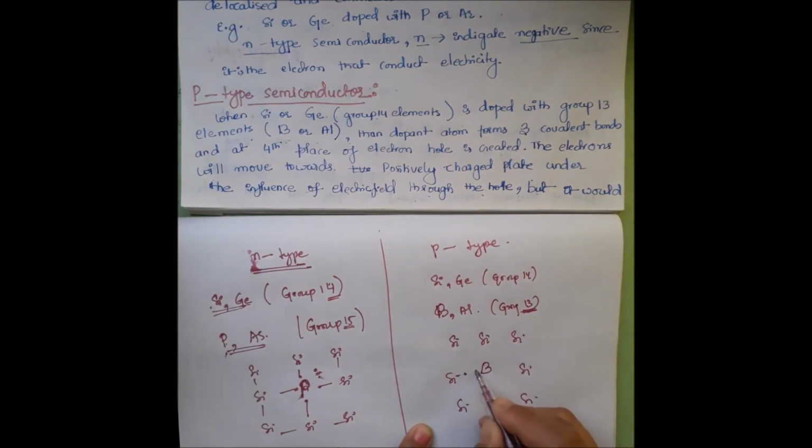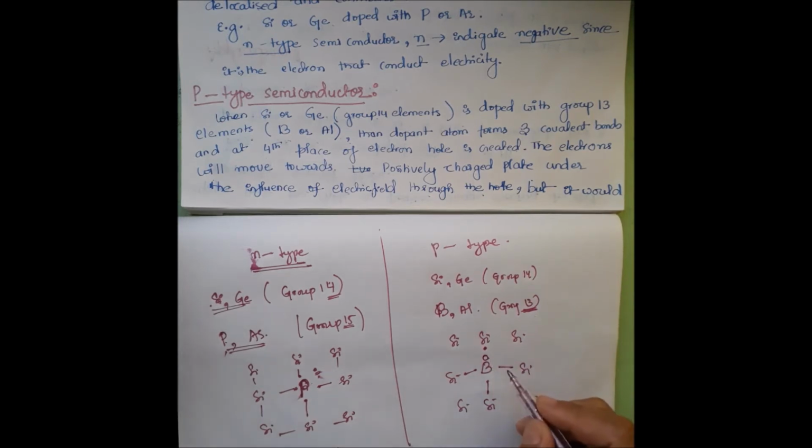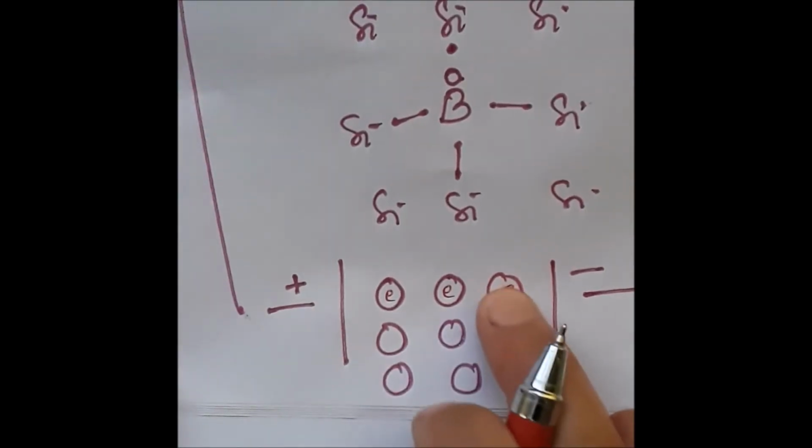It uses 3 electrons to form covalent bonds with the neighboring silicon atoms, so the position of the fourth electron remains vacant, and a hole is created. Let us consider this as a hole.